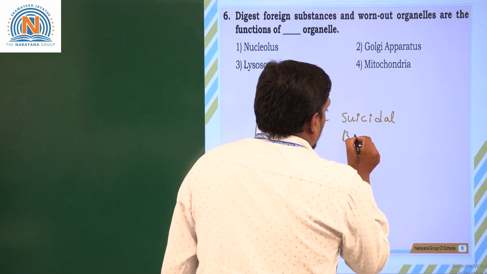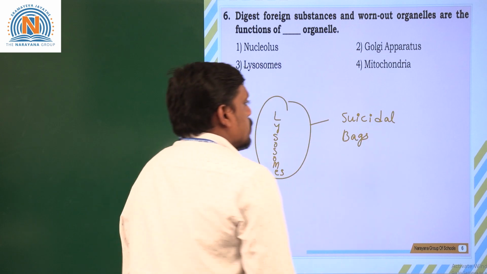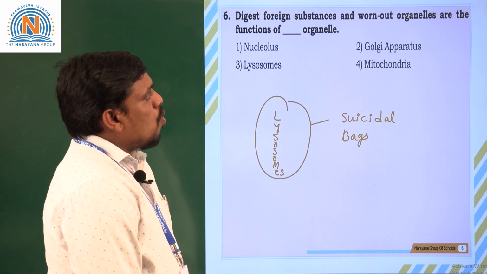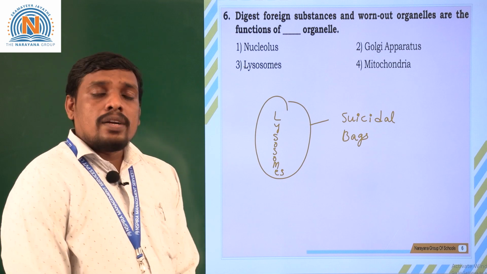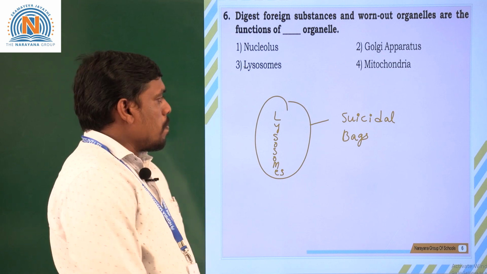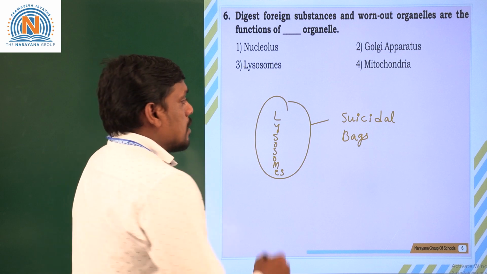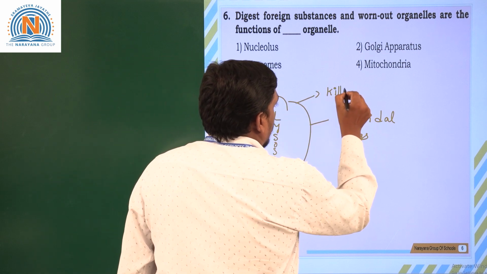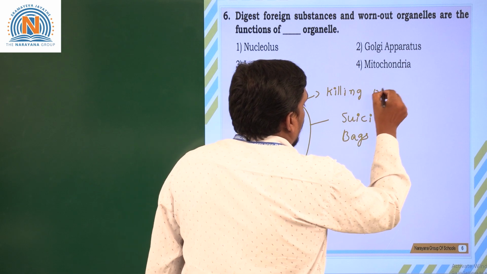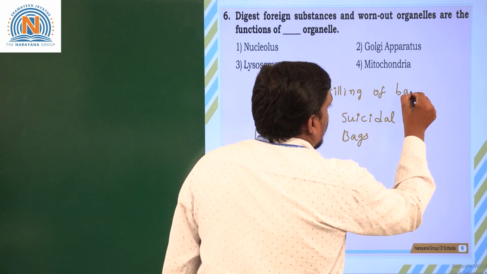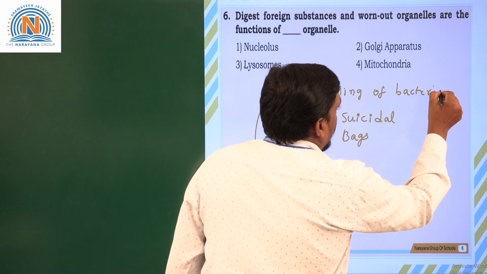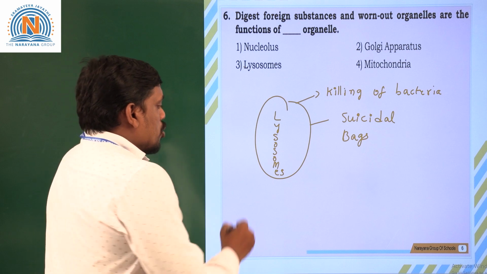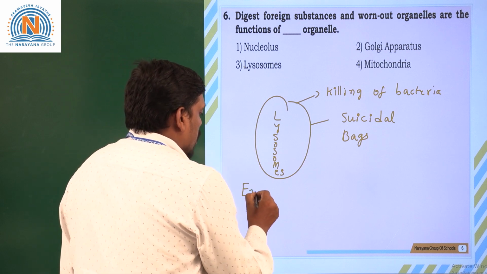These lysosomes help in the removal of worn out cells or worn out cell organelles, and they also help in the killing of foreign particles such as bacteria, viruses and other substances. So they show a function called engulfing.